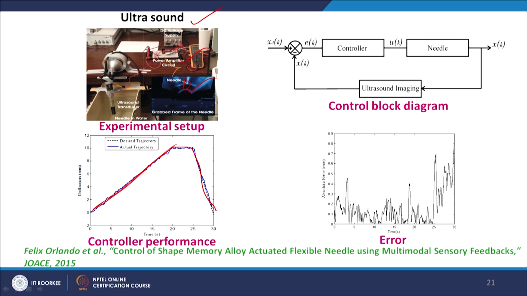What we observed is with this control scheme, control is a PID controller, and the needle tip's actual position is obtained from the ultrasound imaging feedback modality, and we have observed from the controller performance the tracking is reasonable with the accuracy, that is the root mean square error coming out to be 0.28 millimeter.